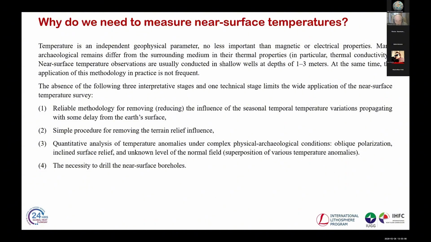And the technical limit is the necessity to drill the near surface boreholes.